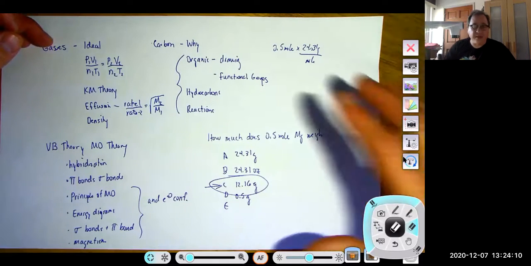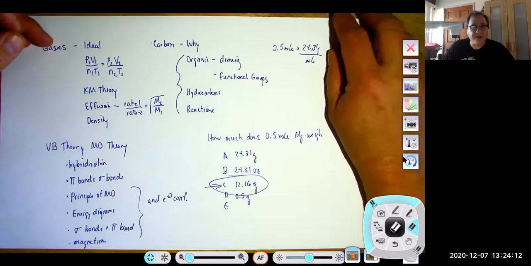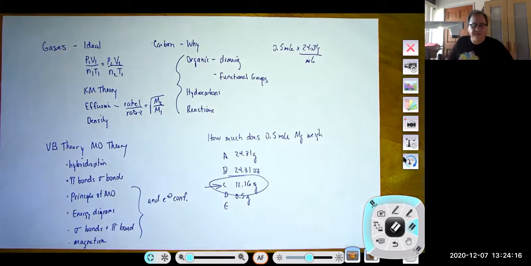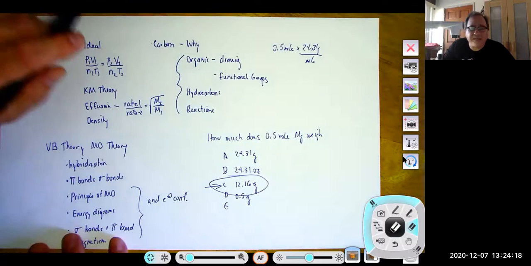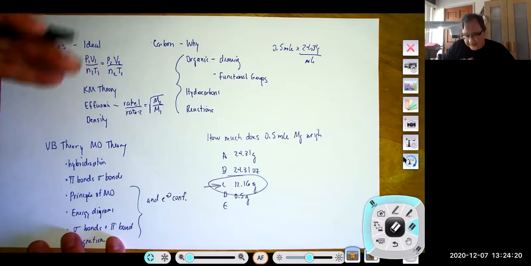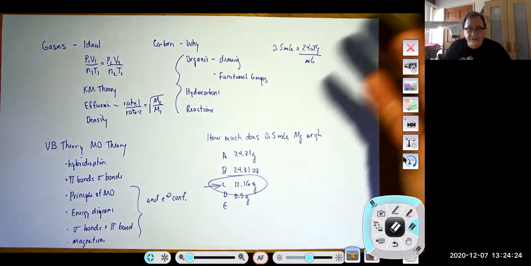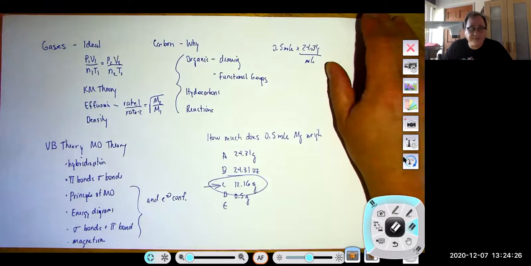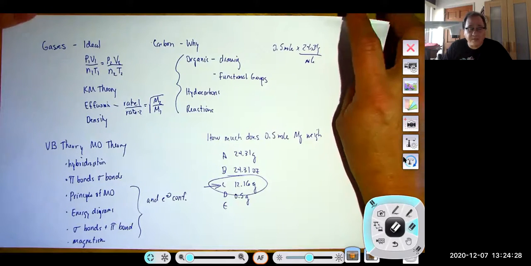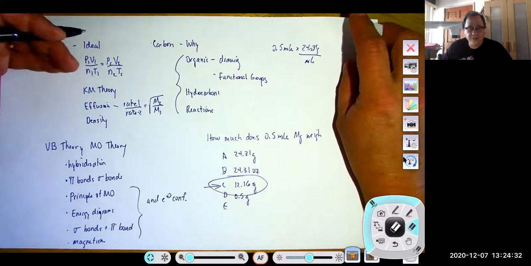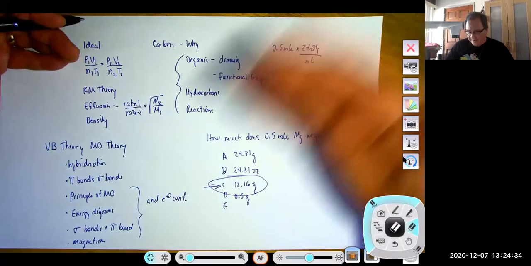Now, on the final exam, will I put some problems that will require calculations? Absolutely. For instance, what is one of the biggest problems we've had to do in this whole semester that has to do with calculations? The answer is stoichiometry. So there'll probably be a stoichiometry problem where you'll have to do some calculations. So don't be afraid of the final exam.